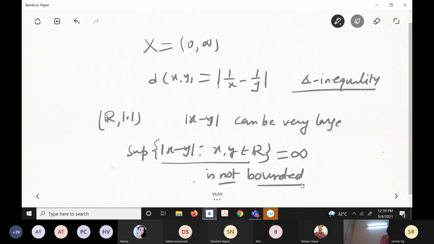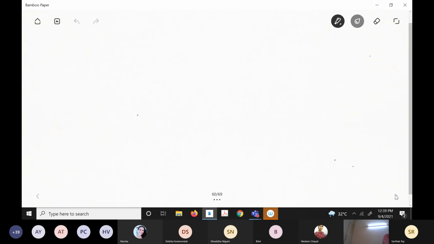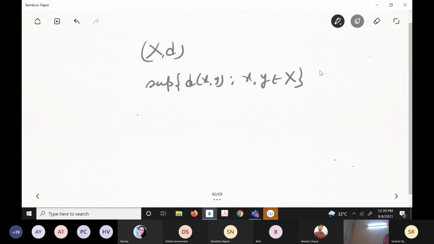Now suppose I have a metric space (X, d) such that the sup of d(x,y), since d(x,y) is a non-negative number, is less than infinity. That means its supremum is a real number. It is a standard notation. When you write it, the left side is a non-negative number.